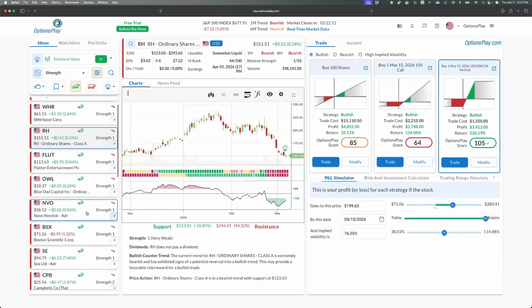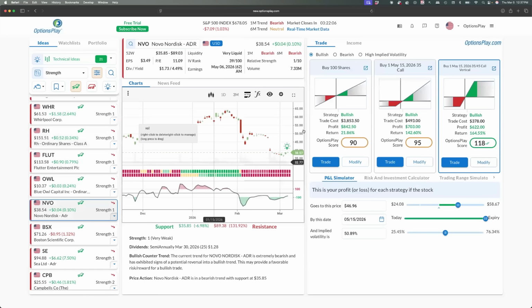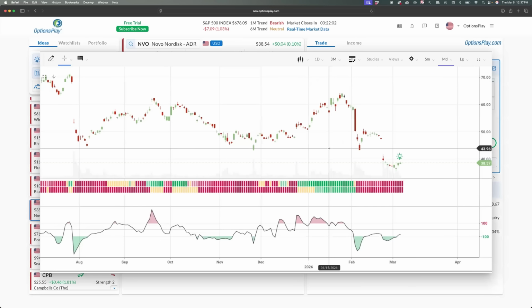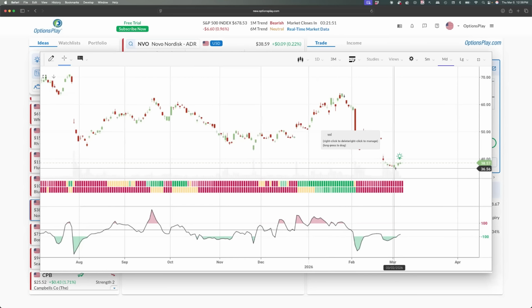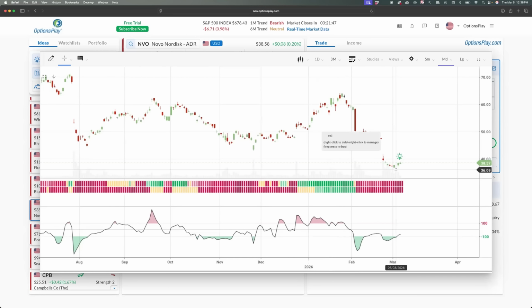Another one I want to take a look at here is Novo Nordisk. We're probably all familiar with the weight loss drugs, and these stocks have really gotten punished recently. This was a $65 stock in the beginning of January, and it traded all the way down to $36, essentially half the price in a little over a month.